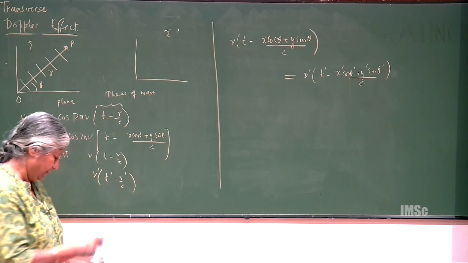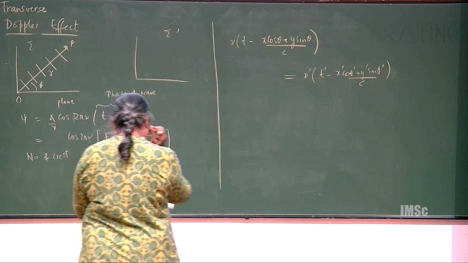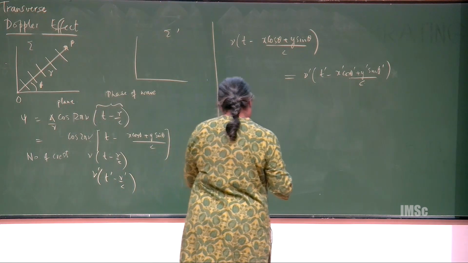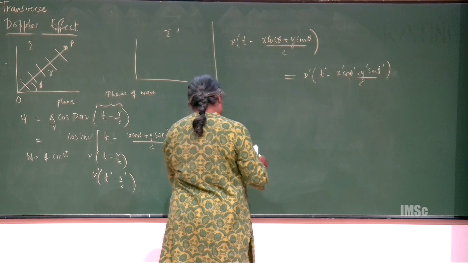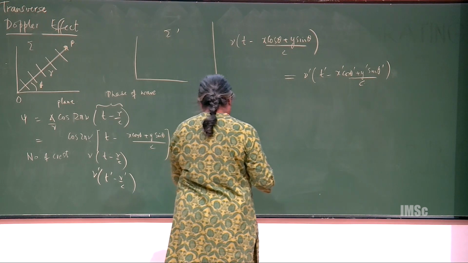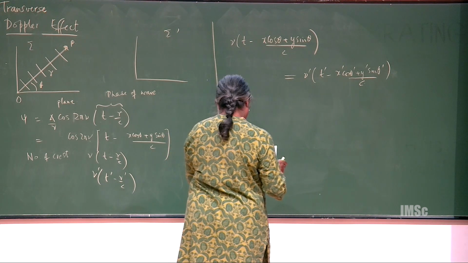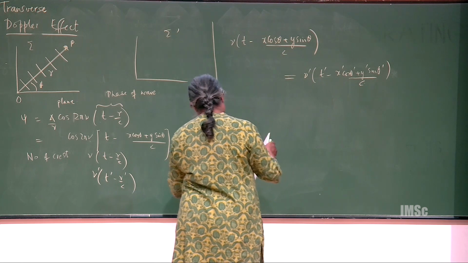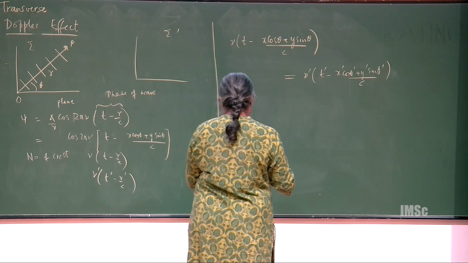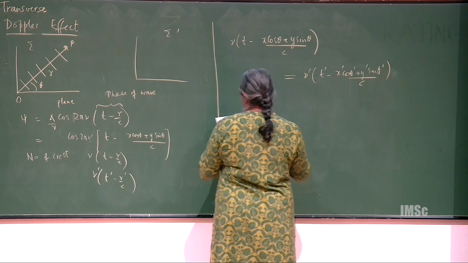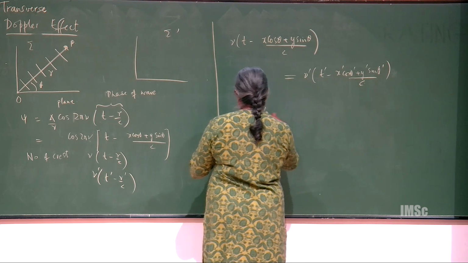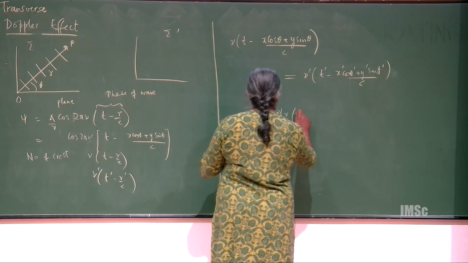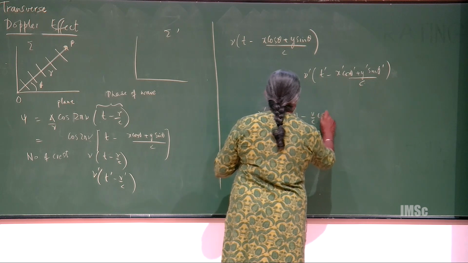So once you have that, of course, now you have to just crank out the algebra. I am not going to do the algebra. What you will find is that you will get three equations. I am not going to write them down, I am going to only write nu prime is equal to gamma nu times 1 minus v by c cos theta.